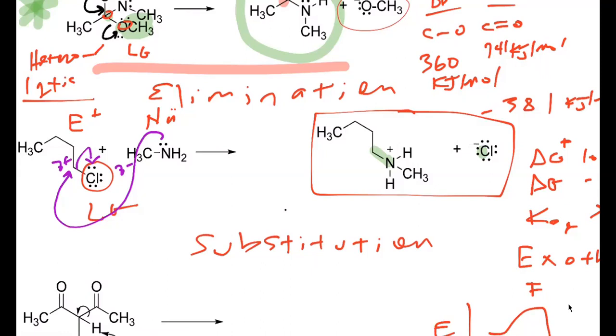Everything is some type of nucleophile, electrophile, or acid-base interaction, unless it's radical. If it's polar, it's nucleophile, electrophile, or acid-base chemistry. All right. Any questions about that? So we know it's a substitution. We see the mechanism, how it happens.